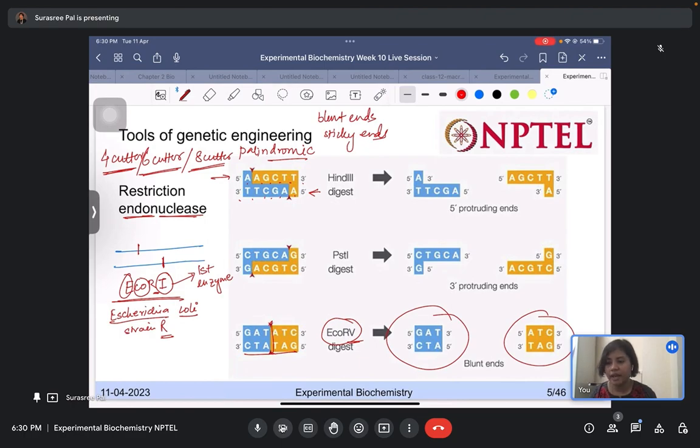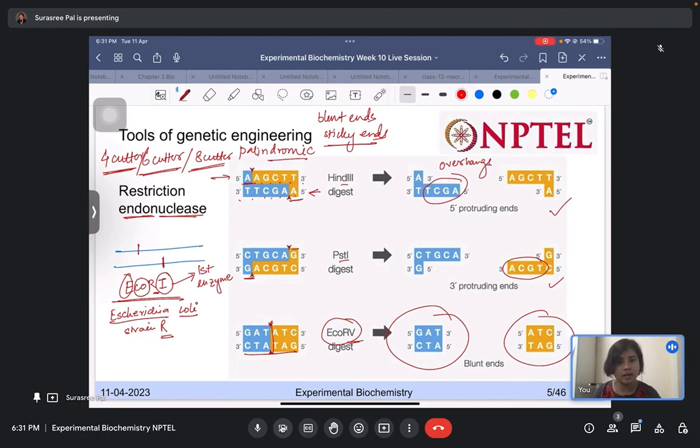But when the enzyme cuts the sequence like this, for example, after one base, after one nucleotide, right? Here, in case of HindIII, in case of PstI, then it produces the sticky ends. These are the ends where there is some protrusion, some overhangs.